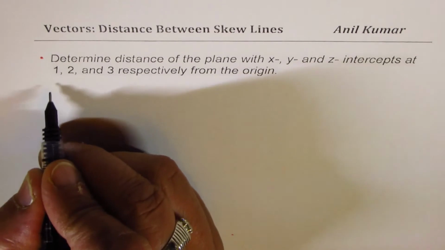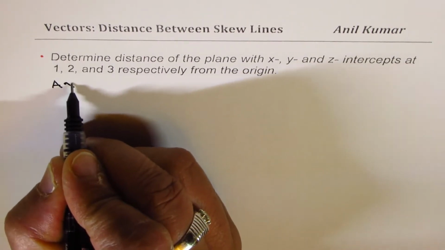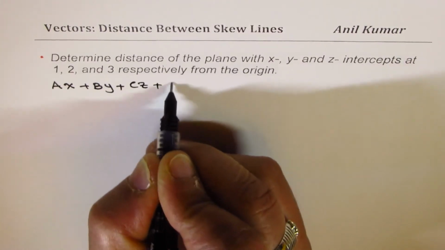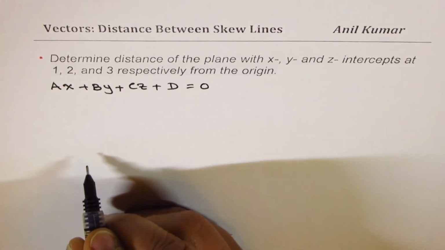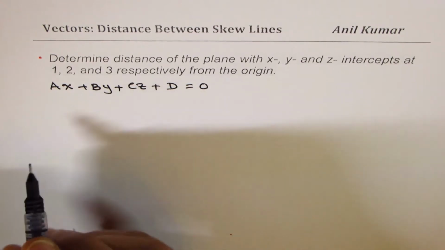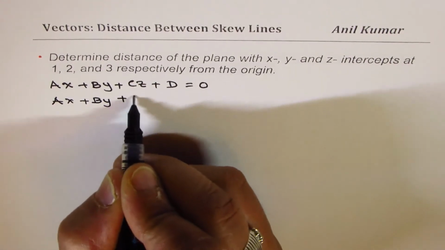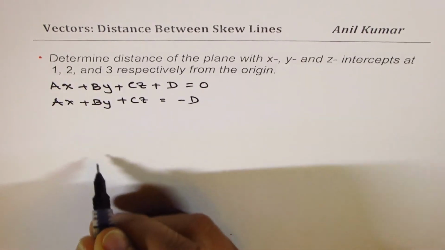Now generally the equation is given in Cartesian form, ax plus by plus cz plus d equals 0. Now we can always rearrange this equation, writing this as ax plus by plus cz equals minus d.